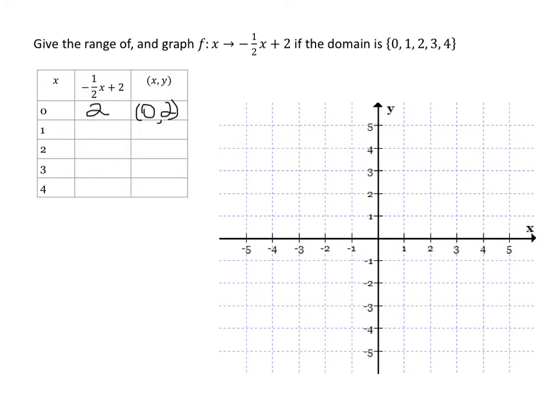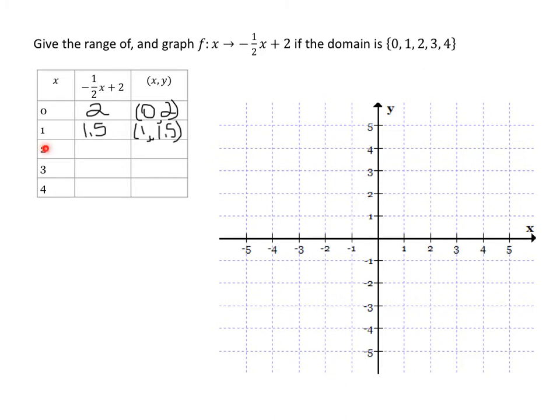For the next one, if I input 1, that's negative 1/2 times 1 plus 2. Well, negative 1/2 times 1 is negative 1/2, and if I add 2 to that number, I will get 1.5. So my coordinates are 1, 1.5.